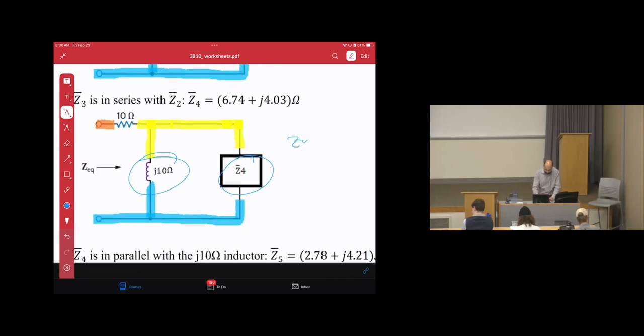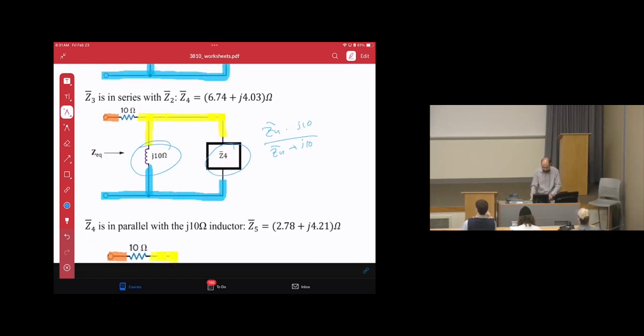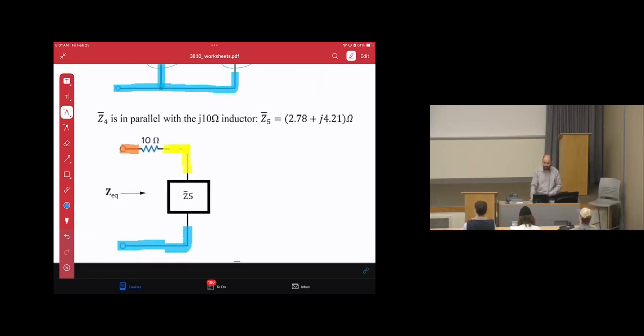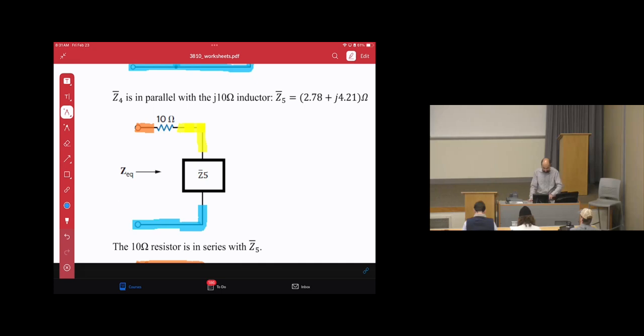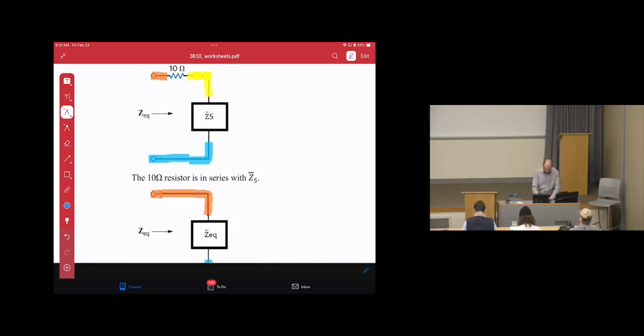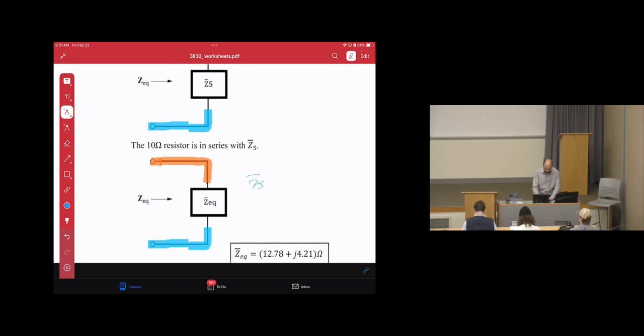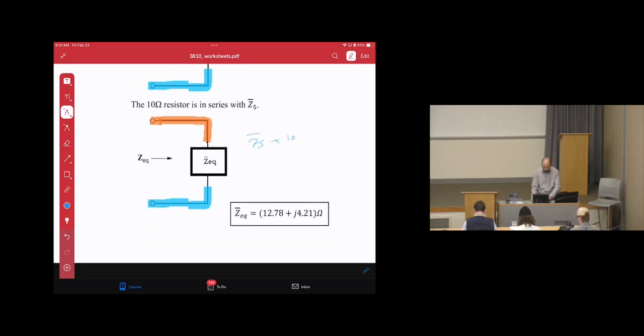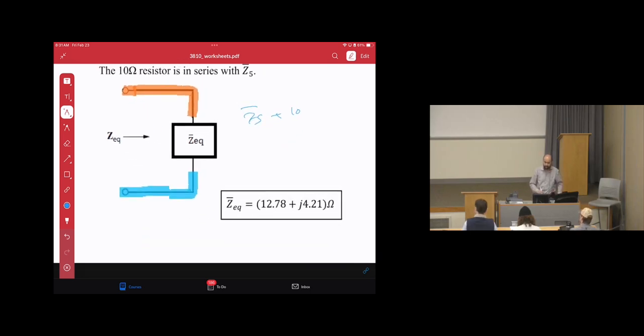So their equivalent will be Z4 times j10 over Z4 plus j10. Put this in the calculator, and you will get Z5. Then Z5 and 10 ohms are in series, right? Add them together. So Z5 bar plus 10 ohms, then you will get the answer, Z equivalent. That's it. Problem done.